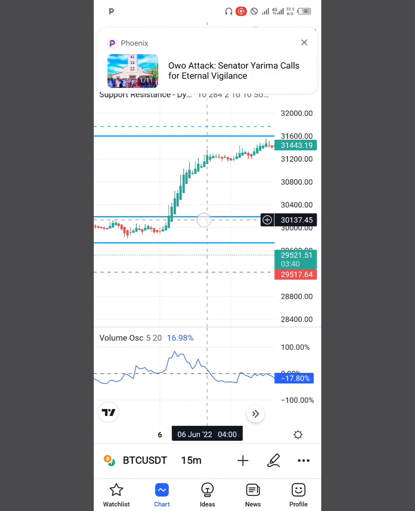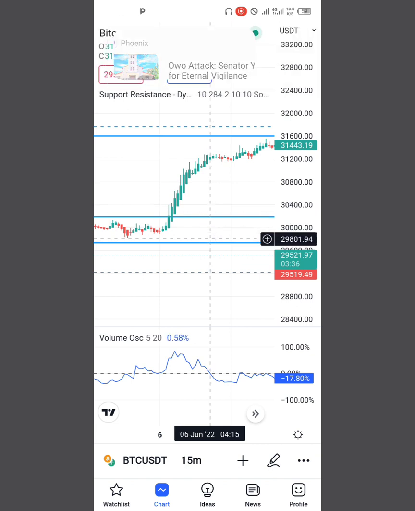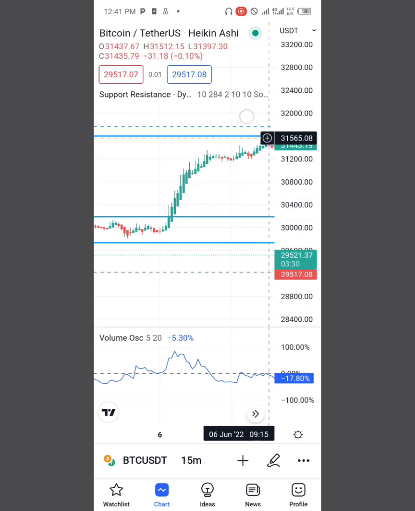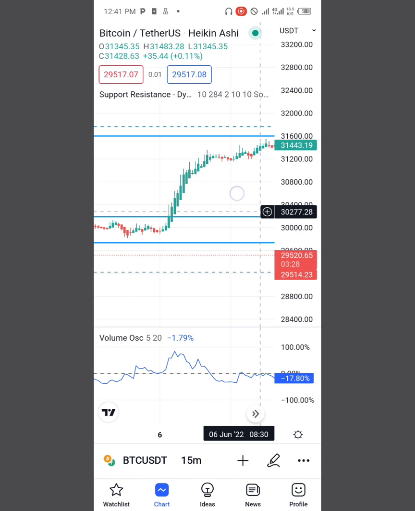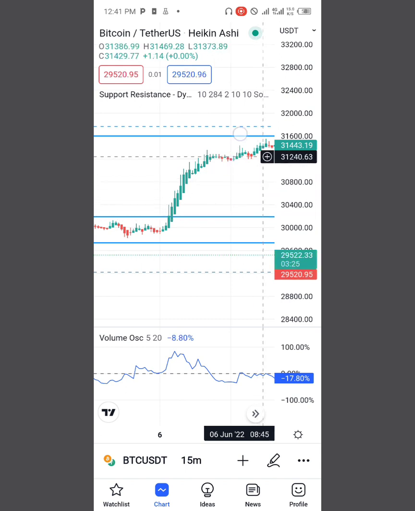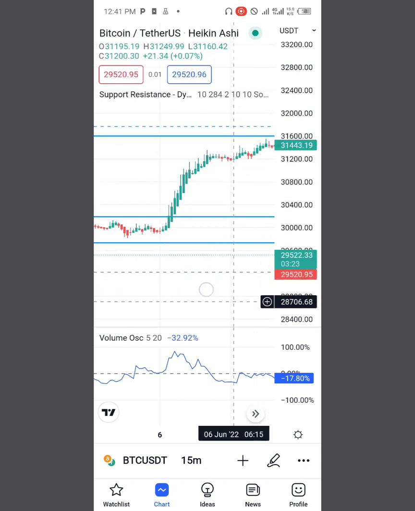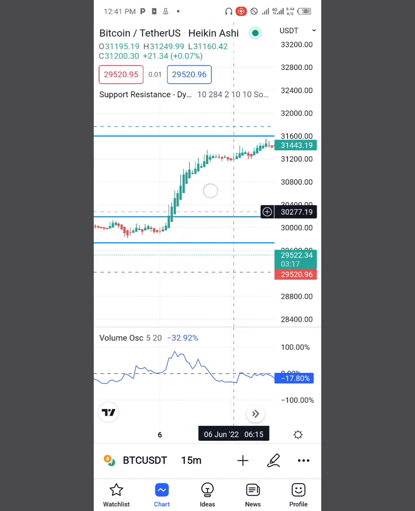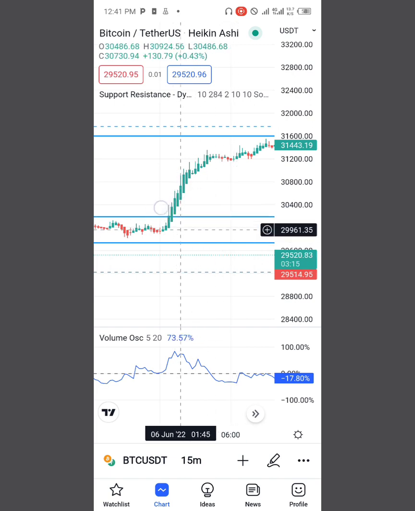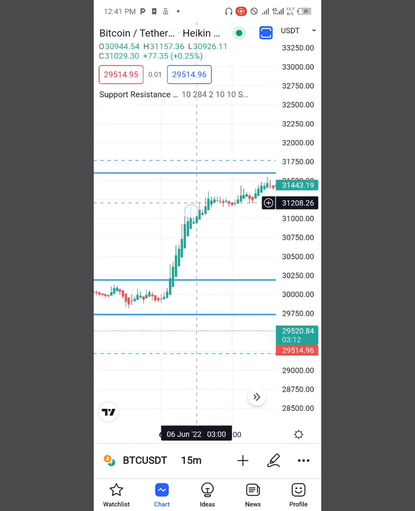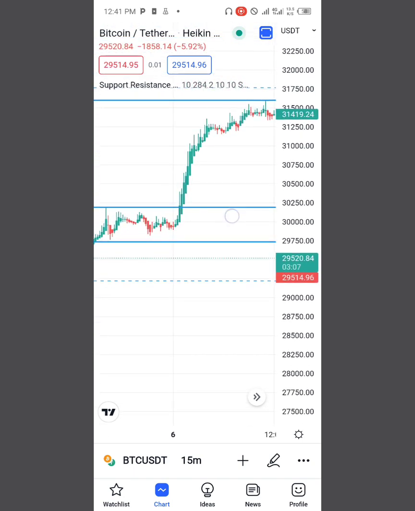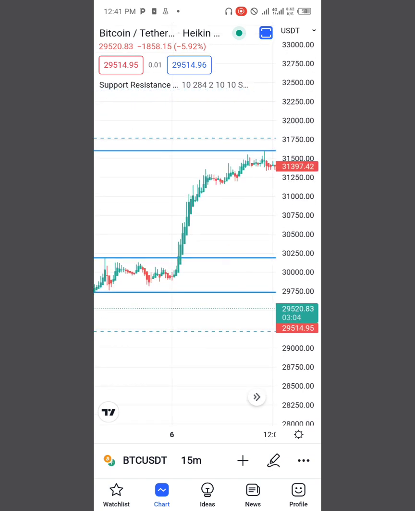It moved from this position up to this position. You can see the very strong rally of price action. After this resistance was broken, it just plunged upwards. So that is what the volume oscillator can do for you, guys.